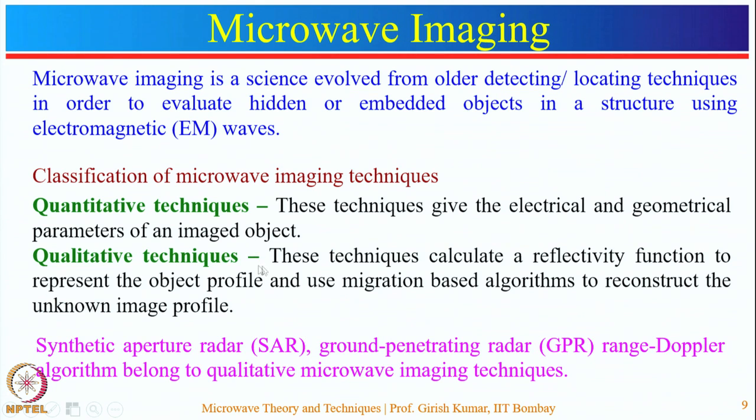The qualitative techniques calculate the reflectivity function of the hidden object and then use a simplification approximation to simplify the imaging problem, and then use the back propagation algorithm to construct the unknown image profile. Synthetic aperture radar, ground penetrating radar and Doppler radar belong to the qualitative technique.